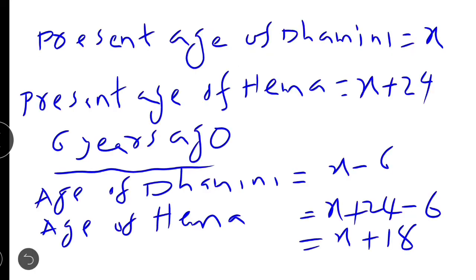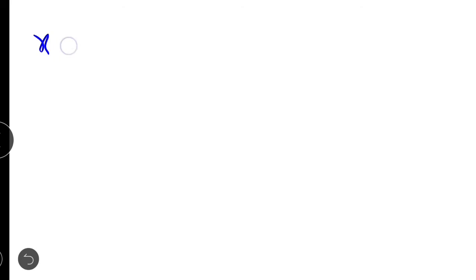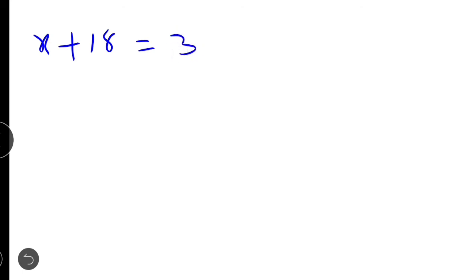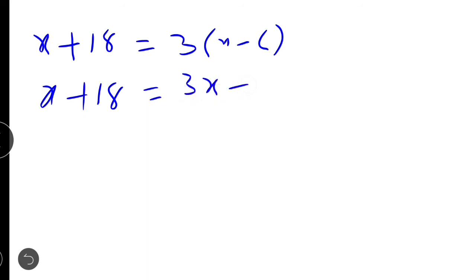So Hema's age is how much? x plus 18. It is equals to thrice, that means 3 times Dhamini's age, x minus 6. So x plus 18 equals to 3x minus 6, 3 sixes are 18.